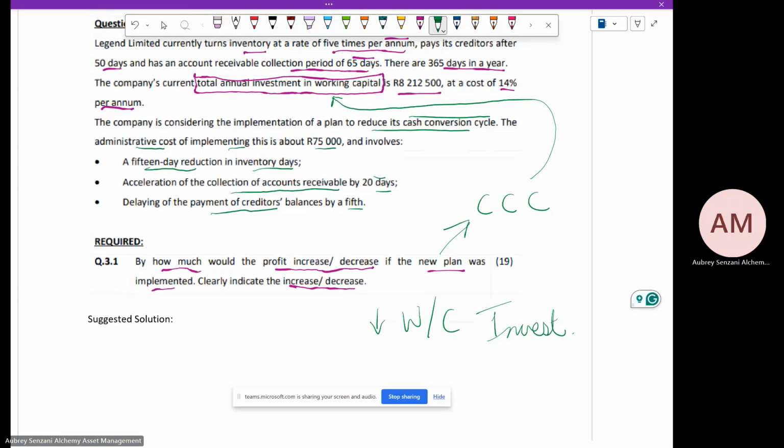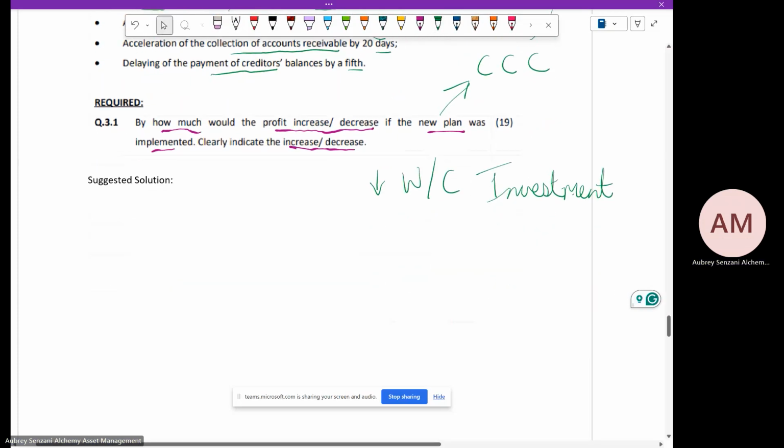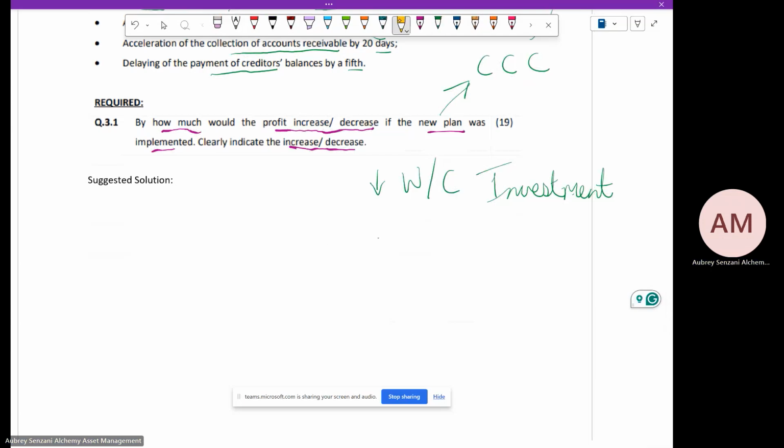Let me write it in full. What impact is it going to have? Are we going to have an increase in profits, or are we going to have a decrease in profits?